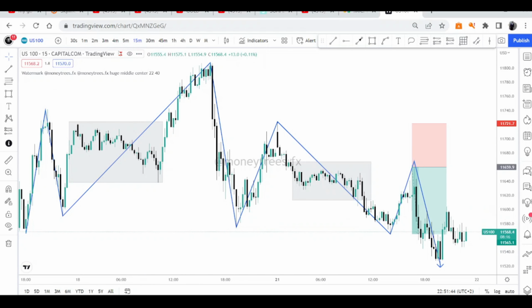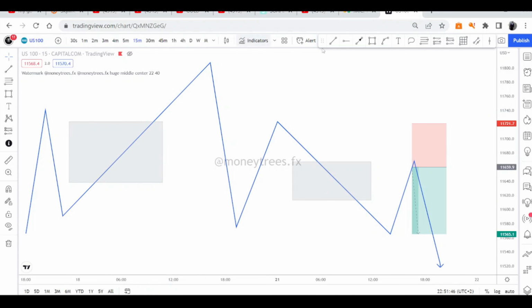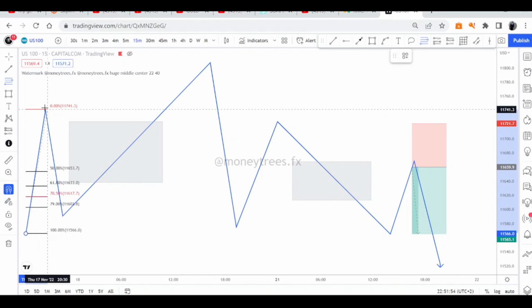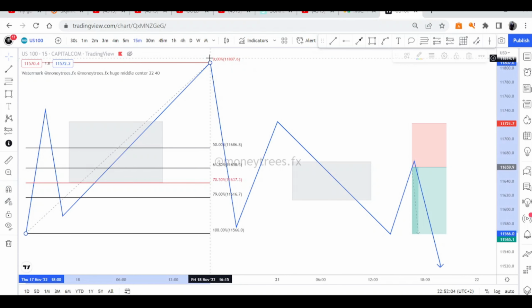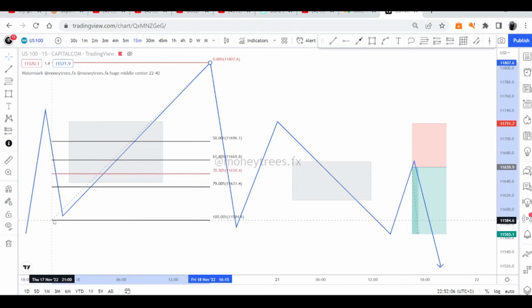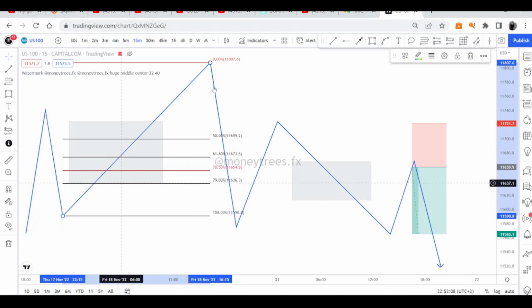So now if I remove this, we can see that using our Fibonacci, with a push from this low to the high, a retracement below the 50, which makes this structure valid. And then now we had a retracement, a push from this low, but now we had a market structure shift, right?